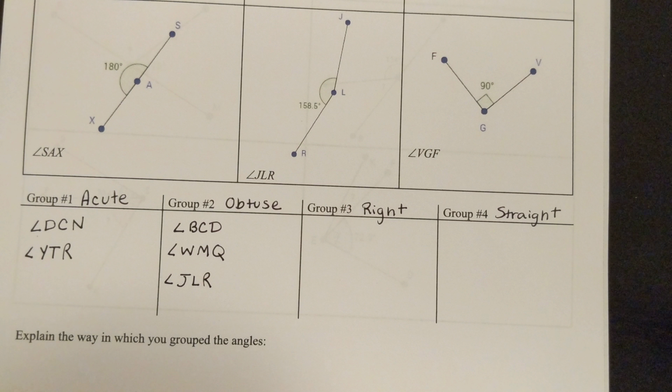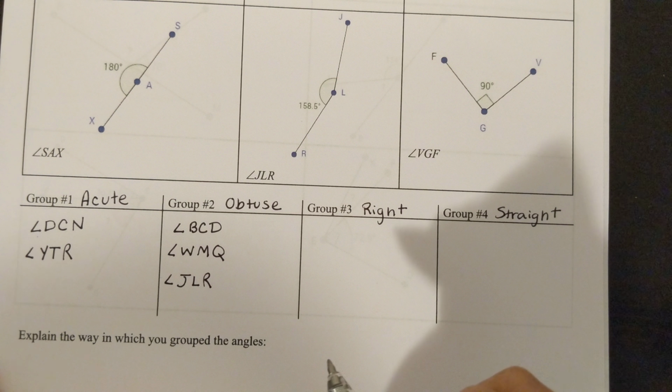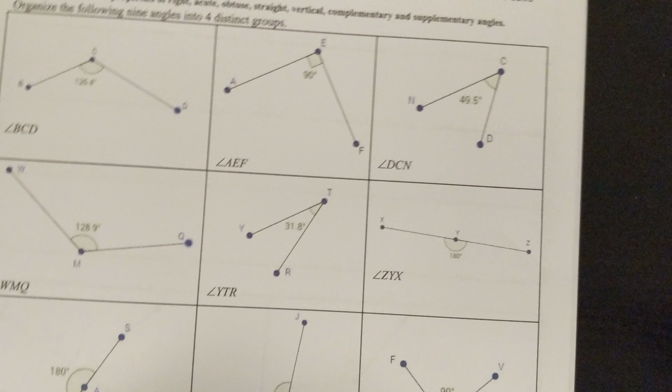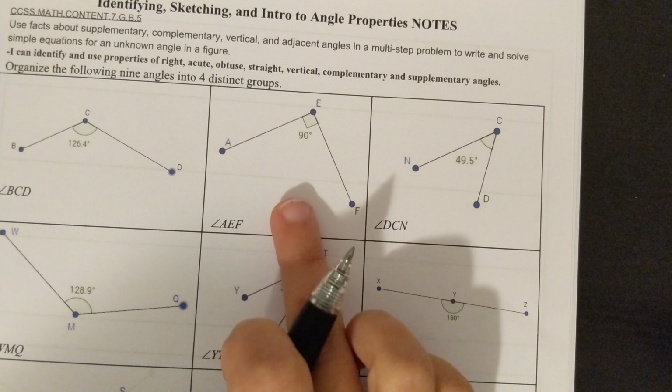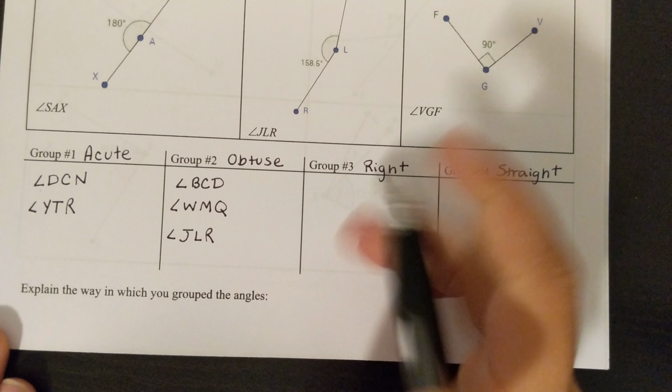The next group we're looking for are right angles, which we've talked about before. Those are exactly 90 degrees. They'll be marked with a box, or they'll write the measurement of exactly 90 degrees. There were 2 of them. In the first row, the middle one, angle AEF, was 90 degrees.